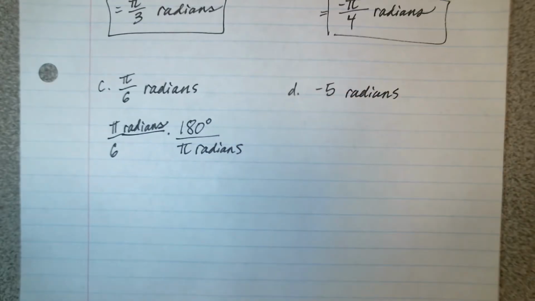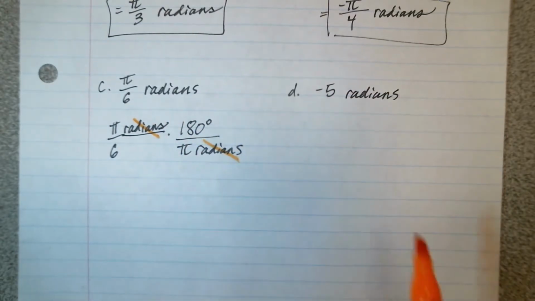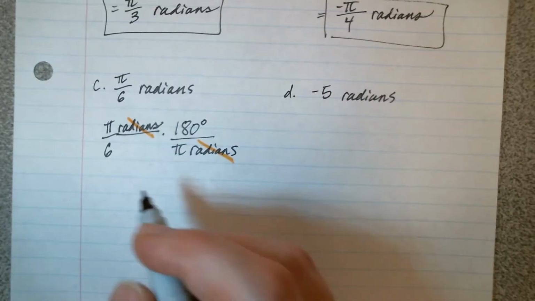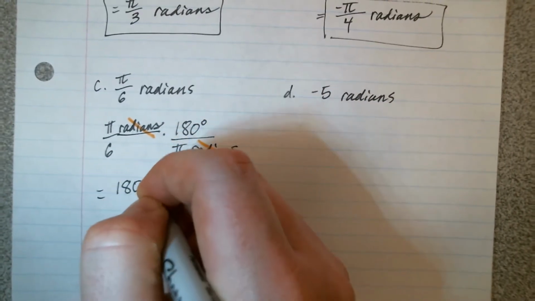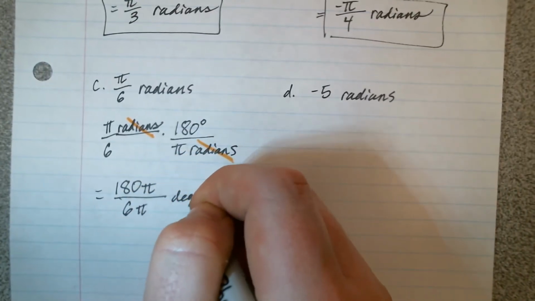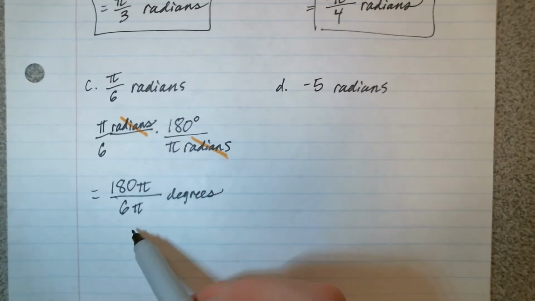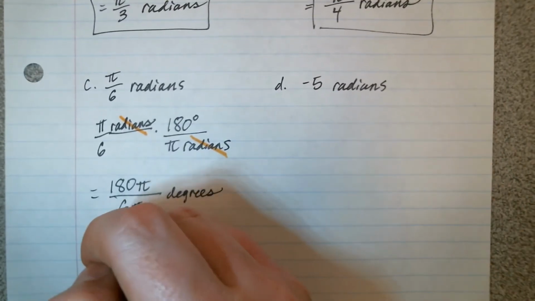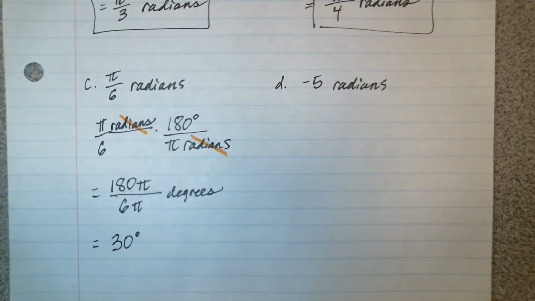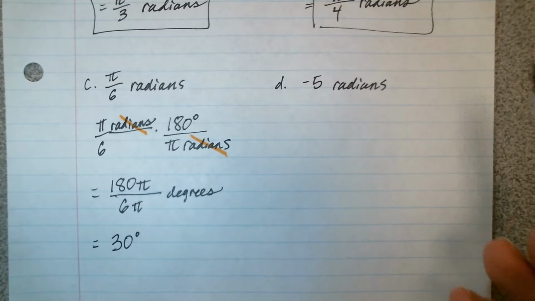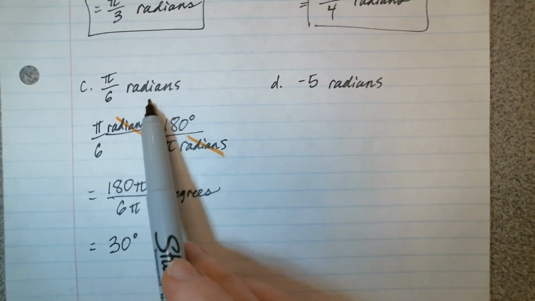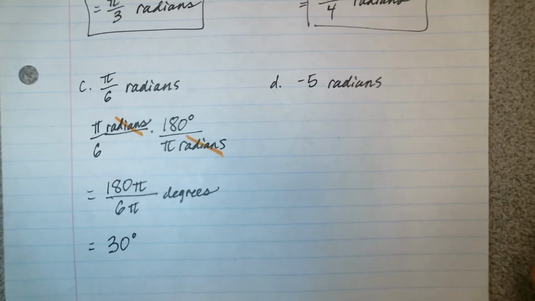And you can see that radians cancel and I'm left with degrees. So I have 180 pi divided by 6 pi degrees. The pi's cancel, 6 divides in evenly. This is 30 degrees. So again, for degrees, you can either write out the word or you can use the symbol. But for radians, you must write out radians.